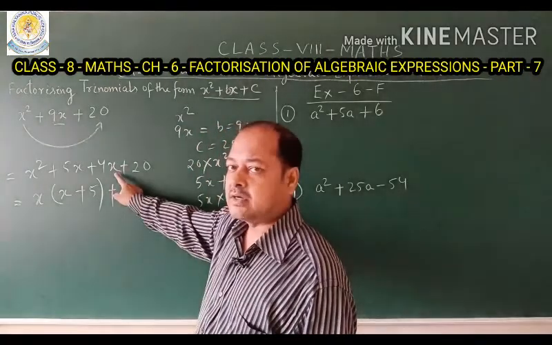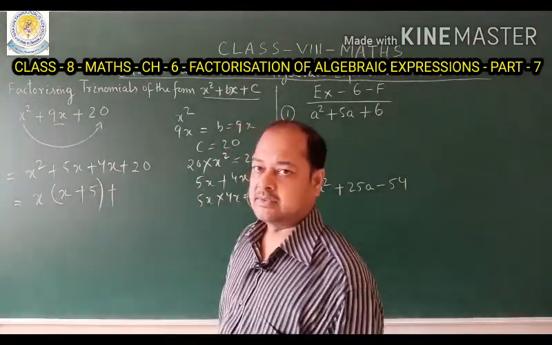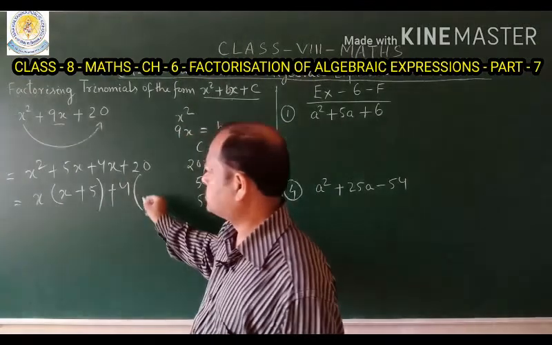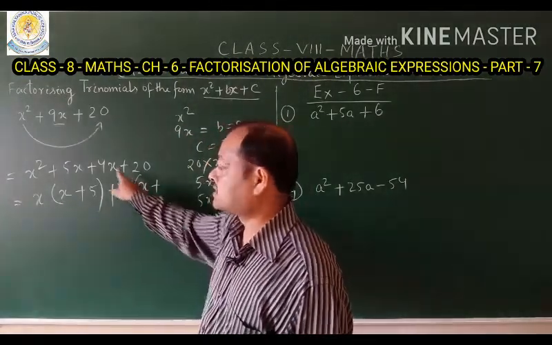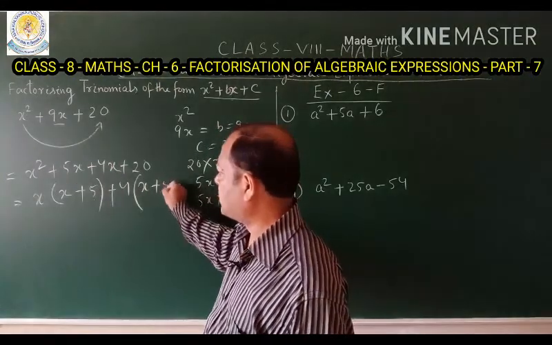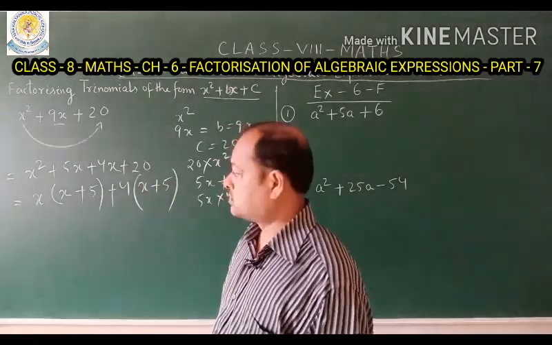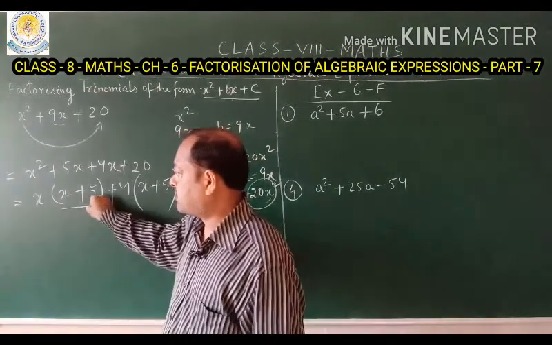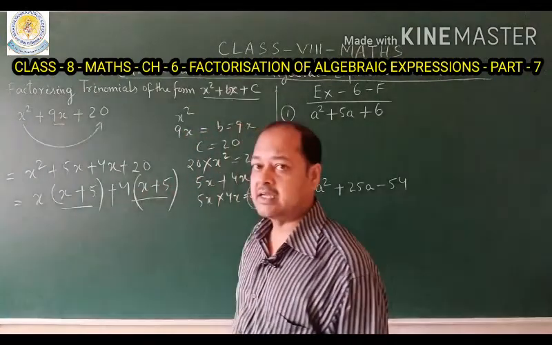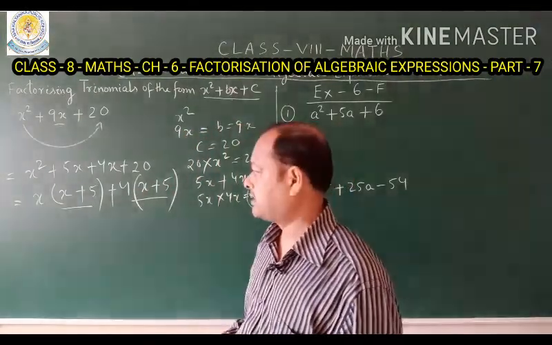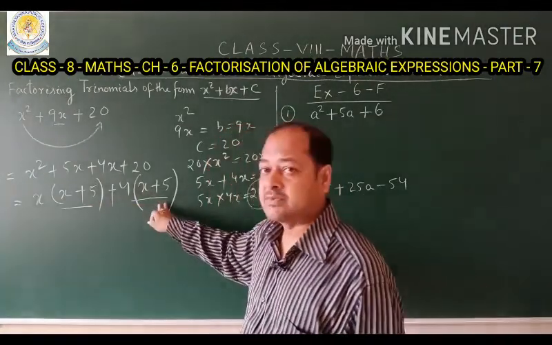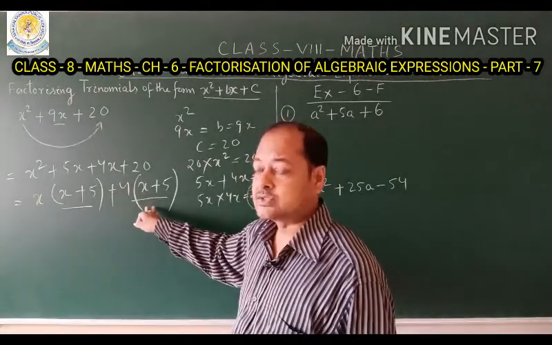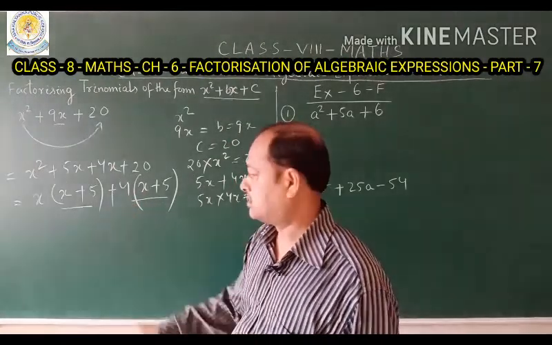What is common in 4x and 20? That is 4. So we get 4x, because 4 into x is 4x and 4 into 5 is 20. Here we get a common binomial factor, x plus 5, in both places.